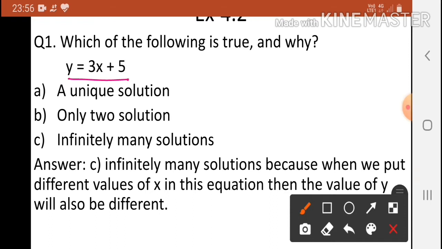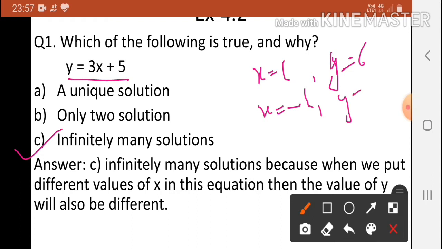So the correct answer is C, infinitely many solutions. Let me explain with the help of an example. If you take x equals 1, and when you solve it, your y, let's say, comes out to be 6, and in the next step you take x equals -1, then your y will be different, it will be -2.